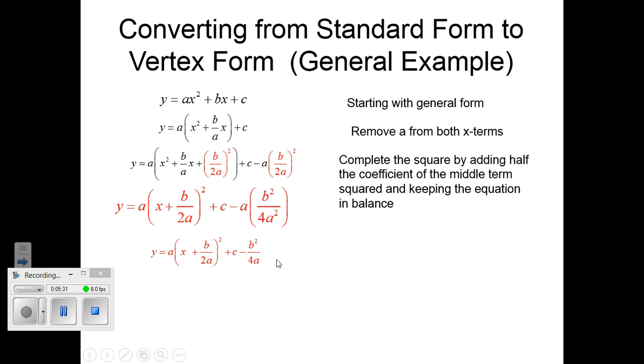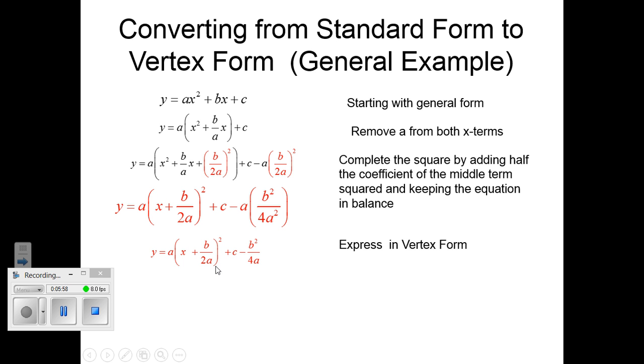The thing about doing it in the general sense, which is very helpful, is that it identifies for you immediately, in terms of a, b, and c, what the vertex is. So the vertex is simply the opposite of b over 2a, because we want the vertex form to read x minus h, the quantity squared, plus k.